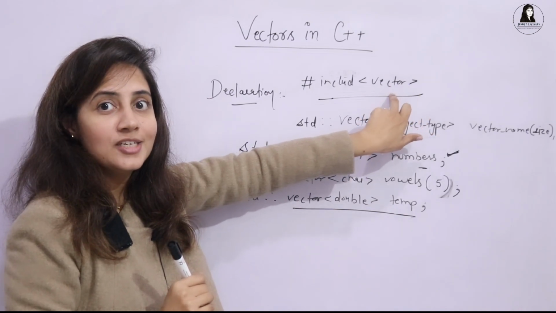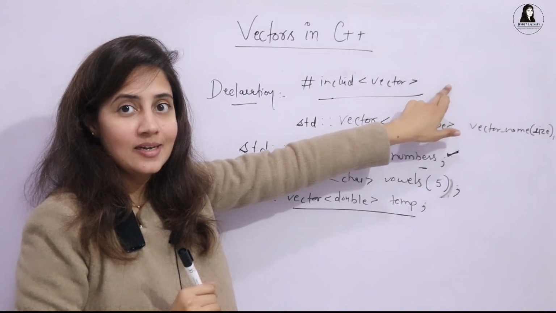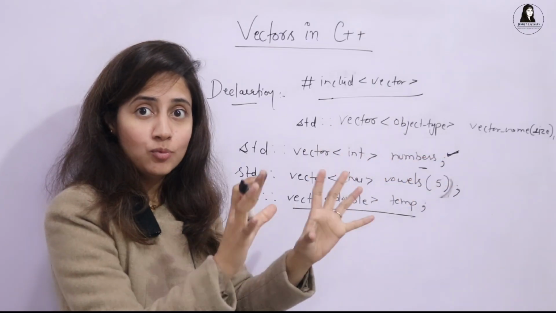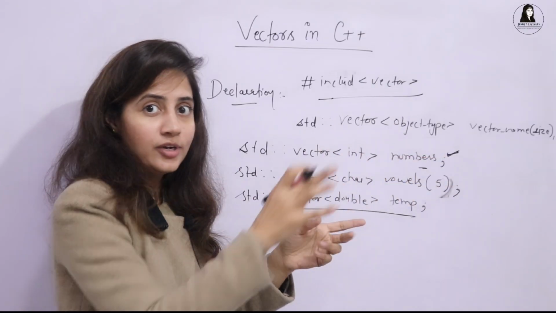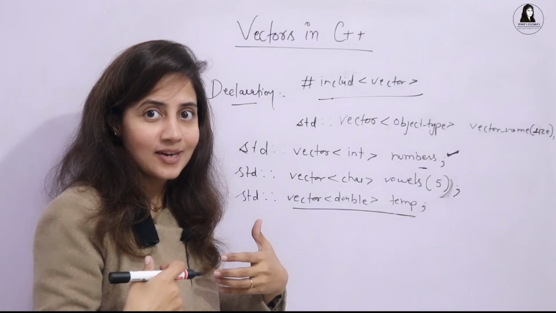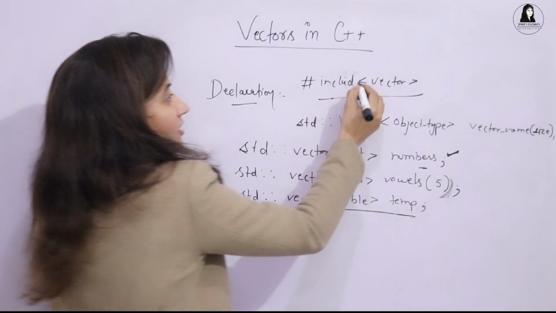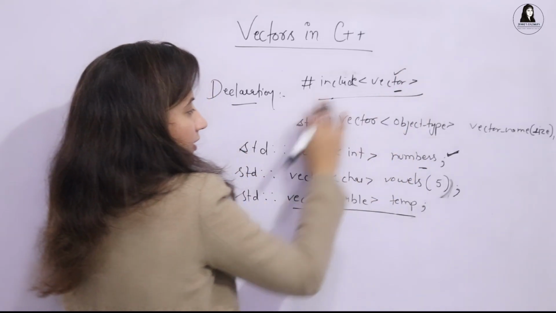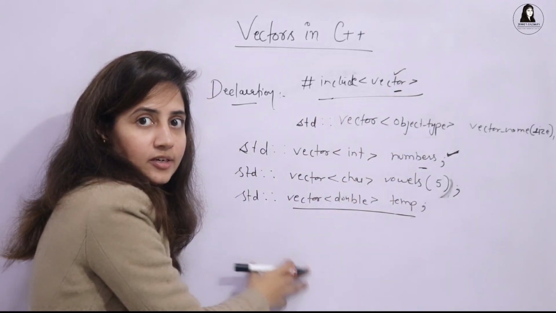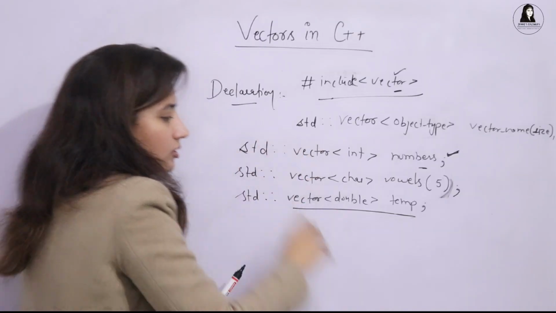It's like you have to get the vector issued from the STL. Because if you want to borrow any book from a library, you have to get that book issued by the librarian. You cannot just take the book and bring it home. No, that is not allowed. Same here, you have to include this vector library, then you can use vector, create your vector, and do whatever functions with the vector in our program. So this is the simple declaration.